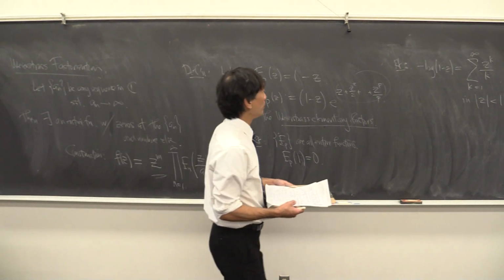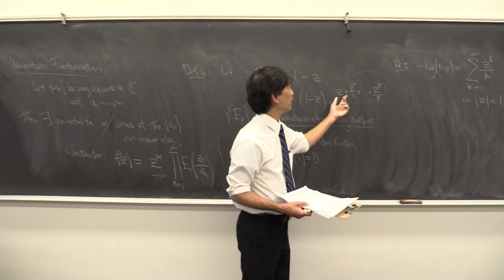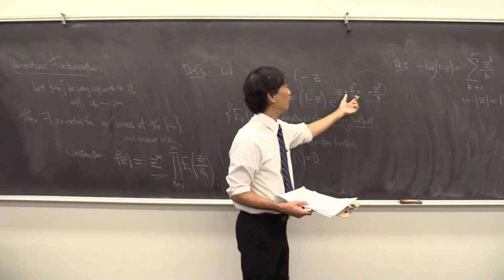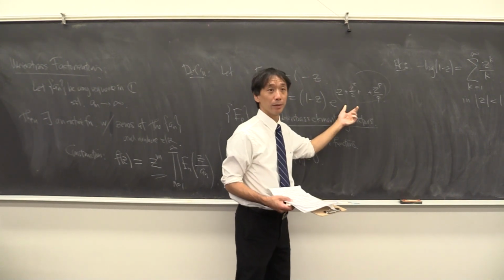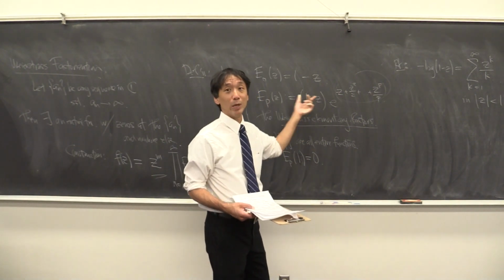Okay, so what's the point here? As P gets larger, this thing starts looking more like e to the negative log of 1 minus Z, in other words, 1 over 1 minus Z, so the factor starts looking more and more like 1.